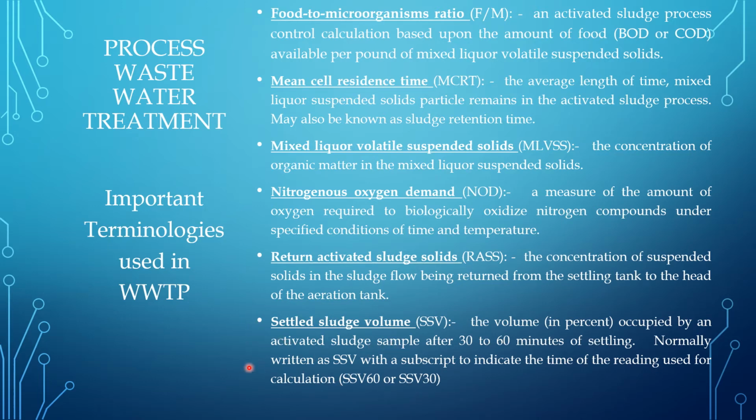That is, the activated sludge sample collected from the clarifier will be collected in a 2 liter or 2.5 liter measuring jar, and it will be allowed to settle for 30 minutes or 60 minutes. And the sludge settled in the measuring jar will be measured. If it is 60 minutes, it means SSV 60; if it is 30 minutes, it means SSV 30.